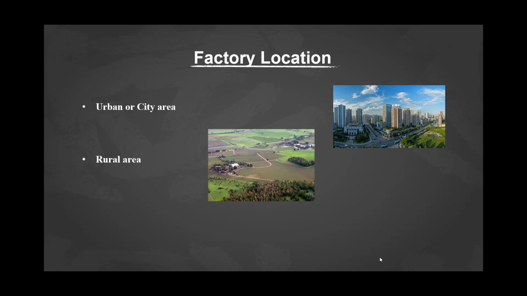The municipal restrictions which are found in city areas, like height of the building and others, do not exist in rural areas. Also, slums and dirty residents are not found in rural areas. The rural area is conducive to good health of workers.